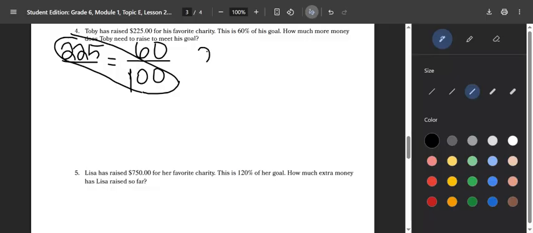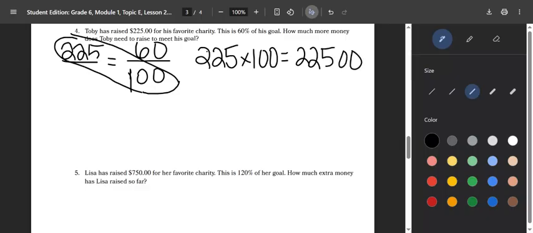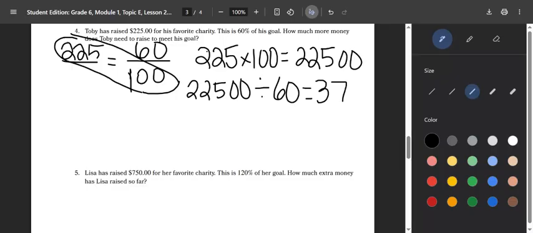So 225 times 100 equals 22,500. Then 22,500 divided by 60 is actually equal to, if I put it in my calculator, I can find it quickly, 375.